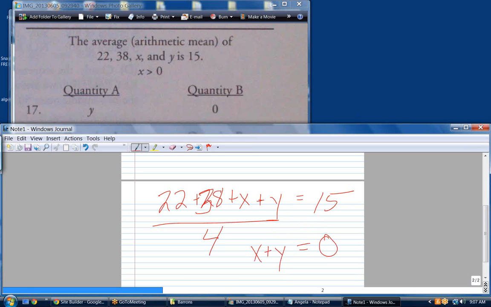And now, since they've told us that x is greater than 0, that means y has to be less than 0. Since y is less than 0, that makes quantity B larger.